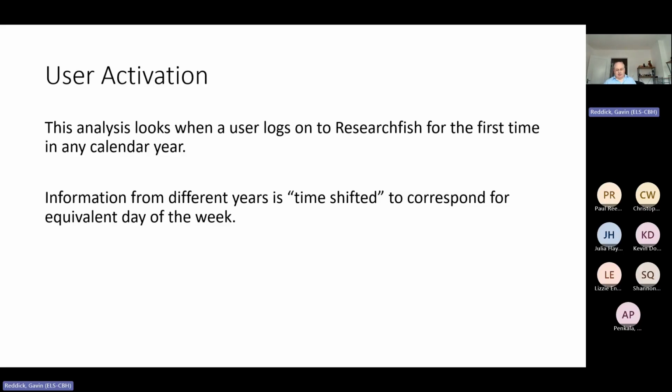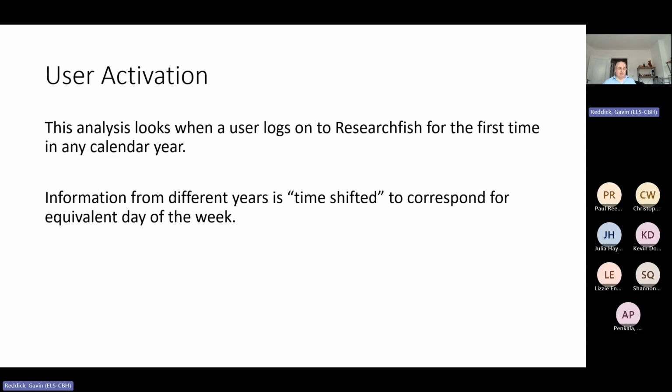The user activation does look at that first time login. What we do, and you'll see this as a recurring theme throughout a number of these figures, is we apply a time shifting methodology. And so we don't want to compare the 1st of March with the 1st of March last year because there are some different and significant patterns.